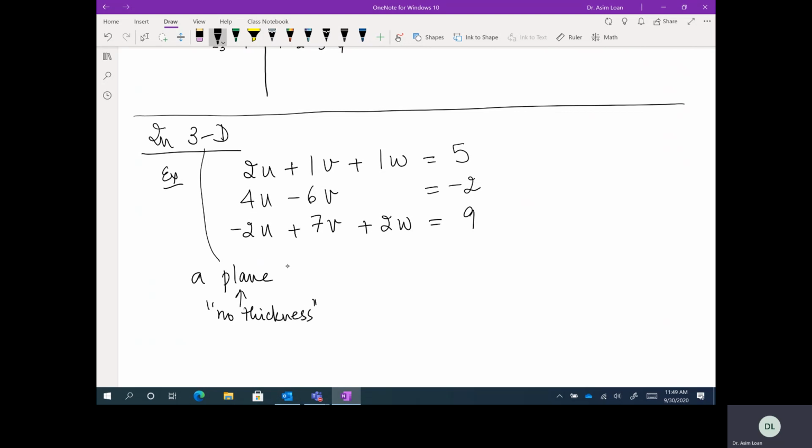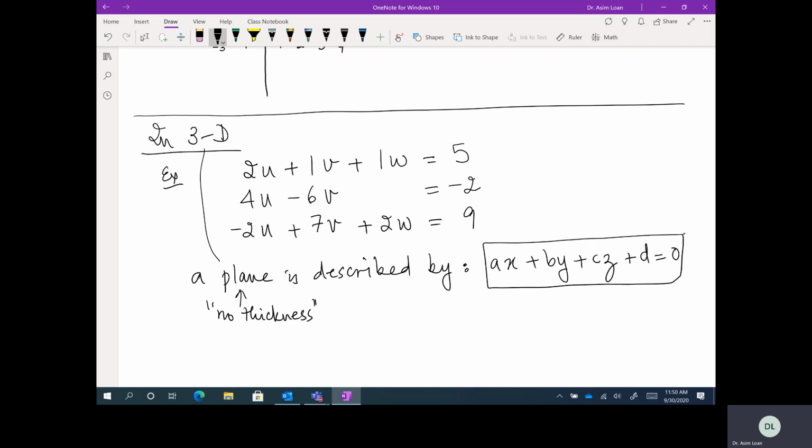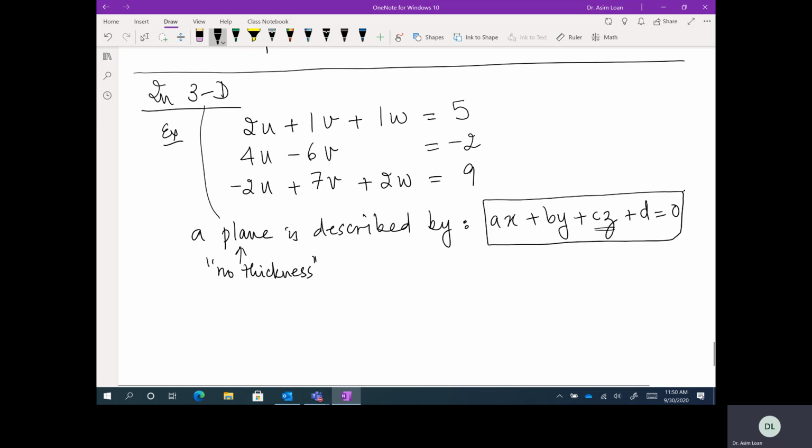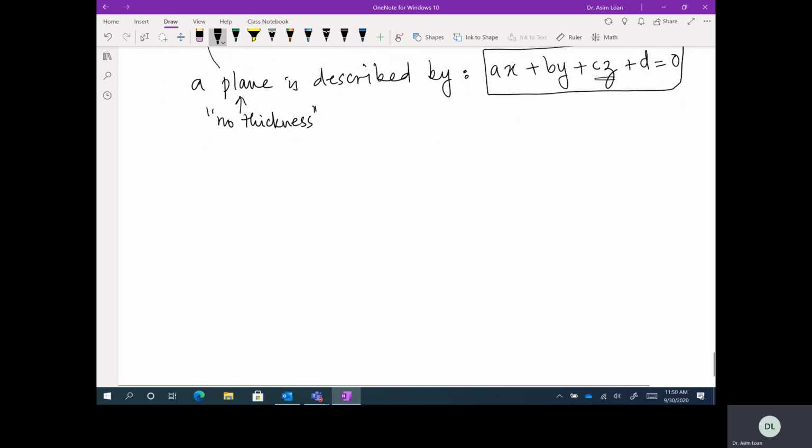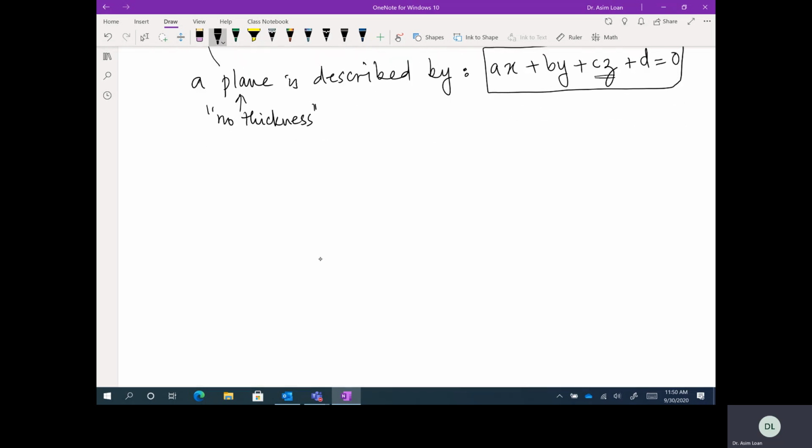So a plane is described by ax plus by plus cz plus d equals 0. So compared to the line, you have this z dimension over there. Otherwise, it's exactly the same as that line. Okay. Again, if I look at this equation, how do I plot this one? It's very simple.